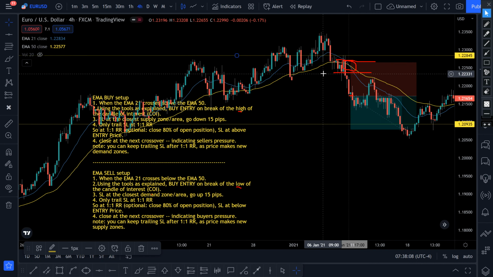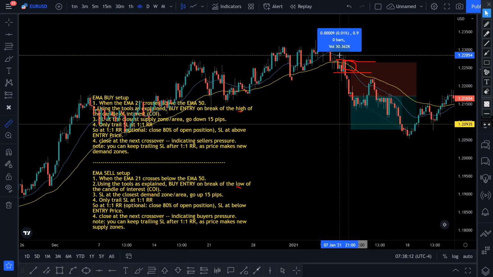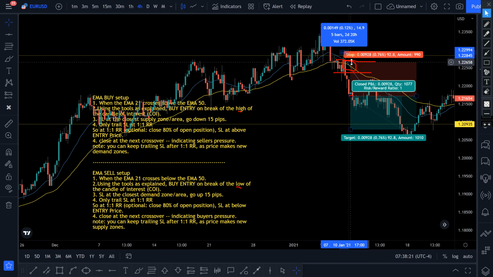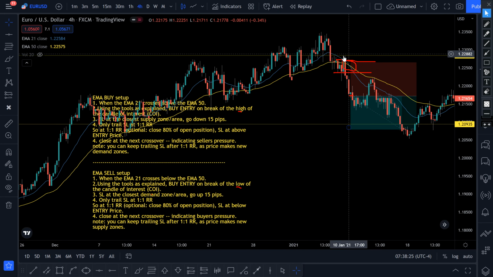Here, you press down your shift button, you go up 15 pips. This is 15. You move this. Let me do this again. You press your shift button.